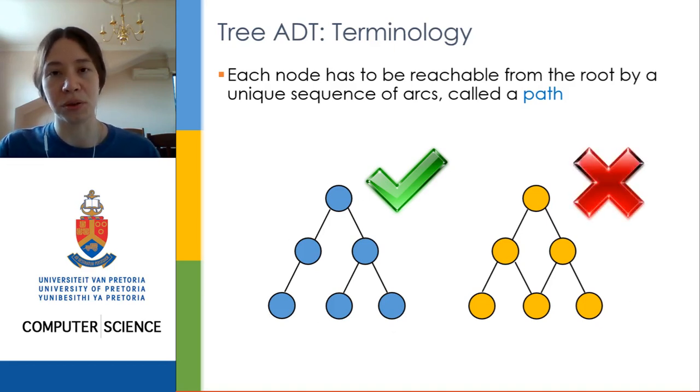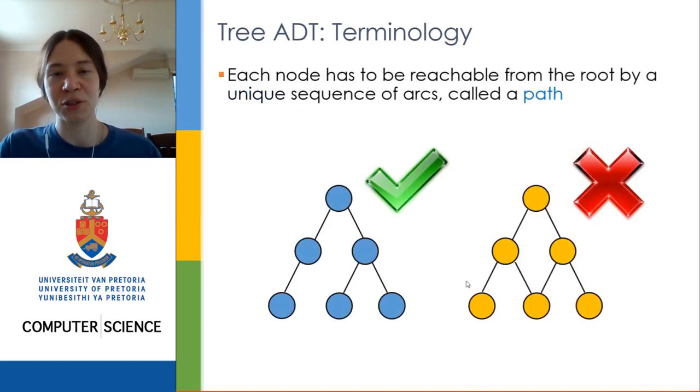The structure on the right is not actually a valid tree because to this leaf in the middle, you can either go through the left or through the right-hand side of the tree. So the fact that there are two paths leading to the same output makes this not a valid tree anymore. The paths through the tree to the leaves should always be unique.